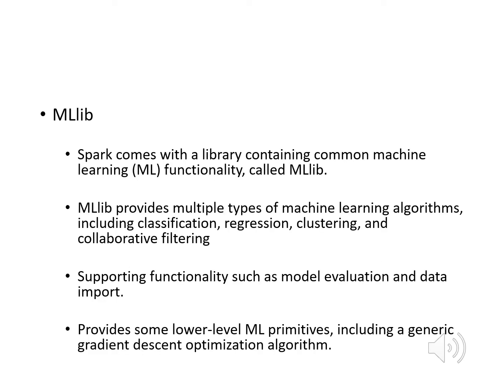MLlib is a machine learning library in Spark. It provides classification, regression, clustering, and collaborative filtering. It supports model evaluation and some lower-level machine learning approaches, including gradient descent optimization, and so on.